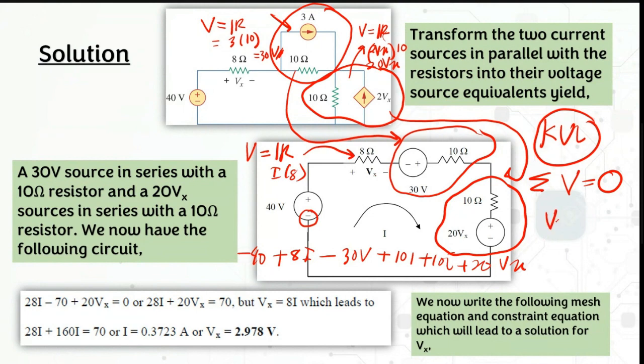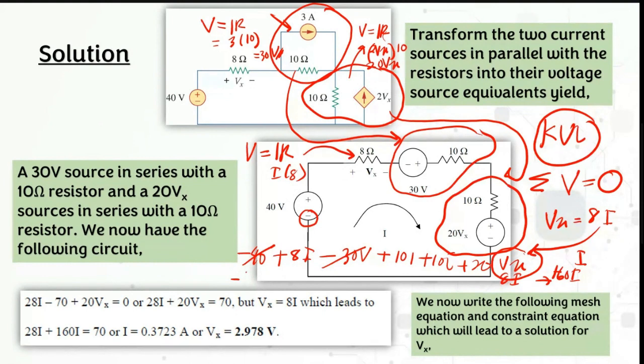Your Vx is actually equal to 8 times I, so you can just substitute 8I here, so that you can calculate the value for I. So negative 40, 70, and this one is going to be 160I.